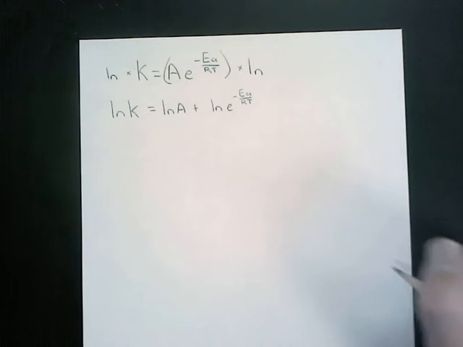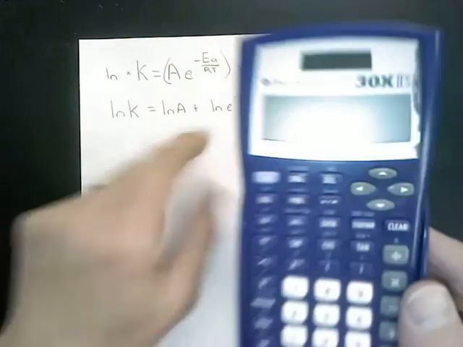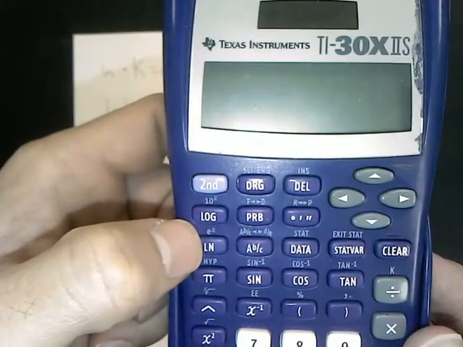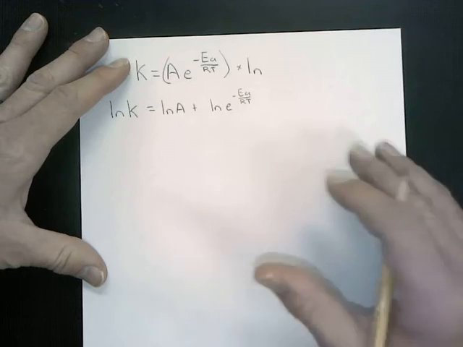Okay, so that's really, really helpful. And now what we can do is this. We are taking the natural log times, if you look here on your calculator, times the inverse natural log. Well, anything times its inverse is 1.